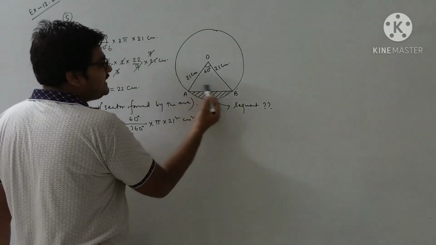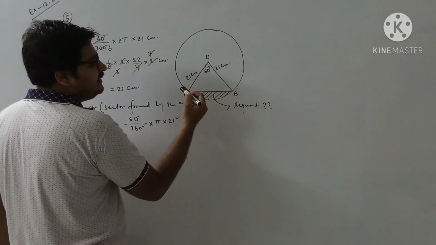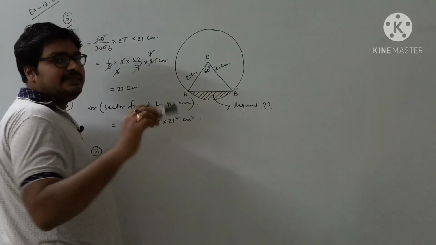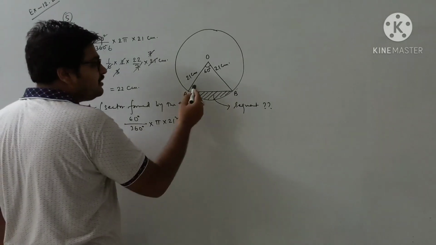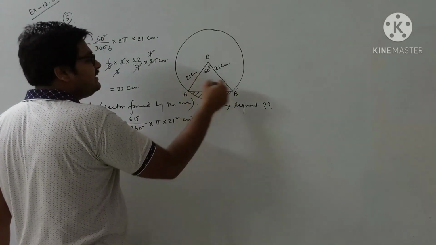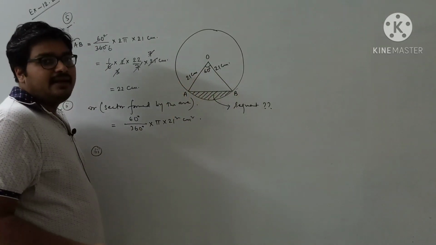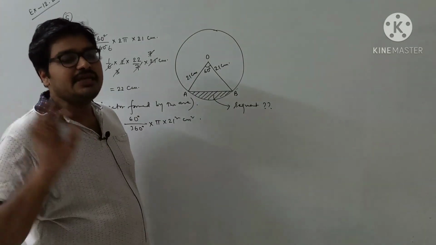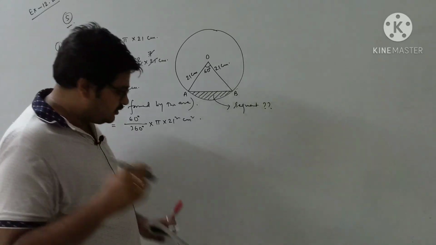And each of the base angles same, and this angle is 60. So remaining each angle value will be 180 minus 60 divided by 2. These are also coming 60, and naturally this triangle will become an equilateral triangle, and we know the formula to find out the area of equilateral triangle is root 3 by 4 into side square. So let's start.